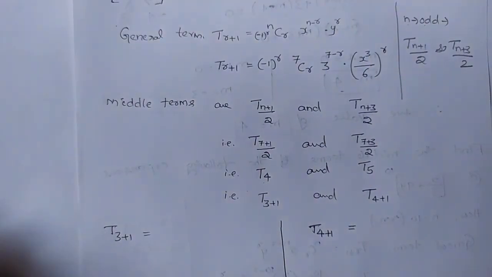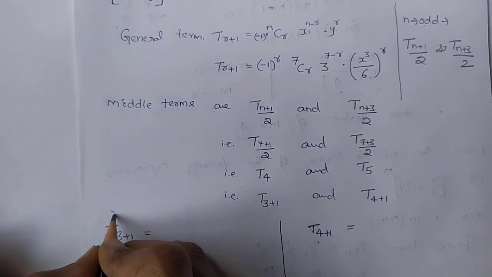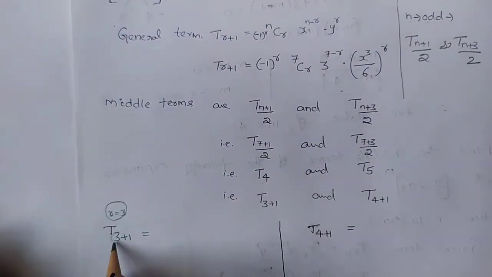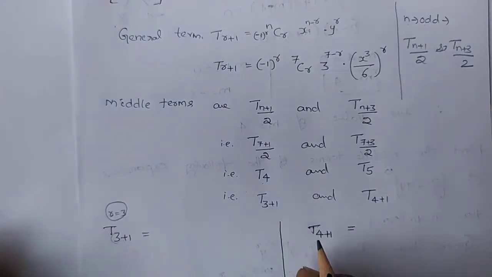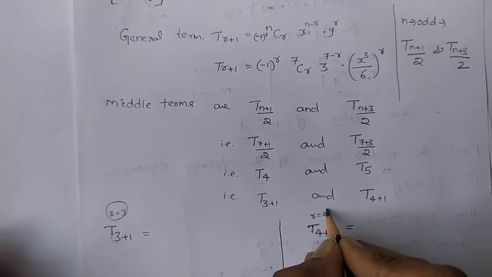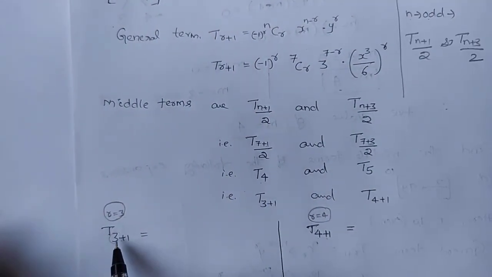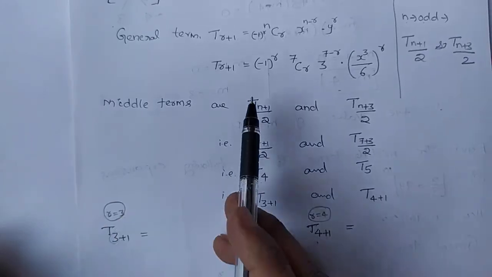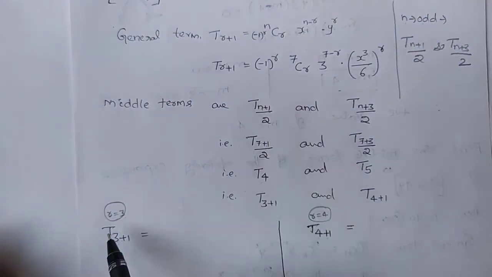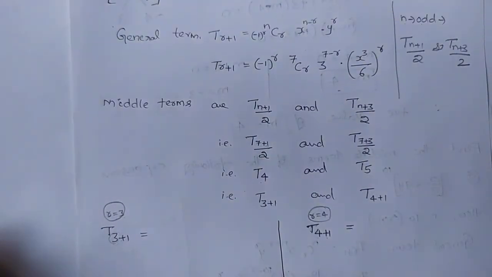See, in T(3+1), the r value is 3. In T(4+1), the r value is 4. You just substitute this r value in the general term, and we will get the middle term.